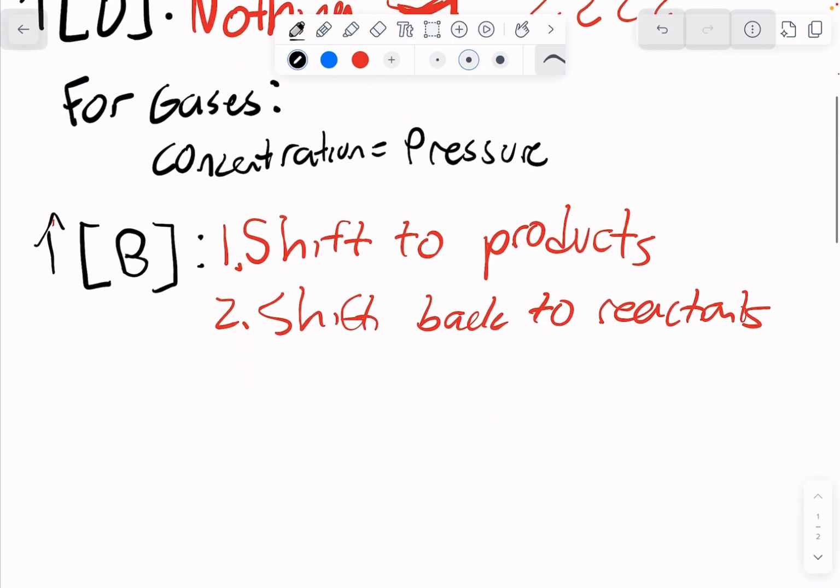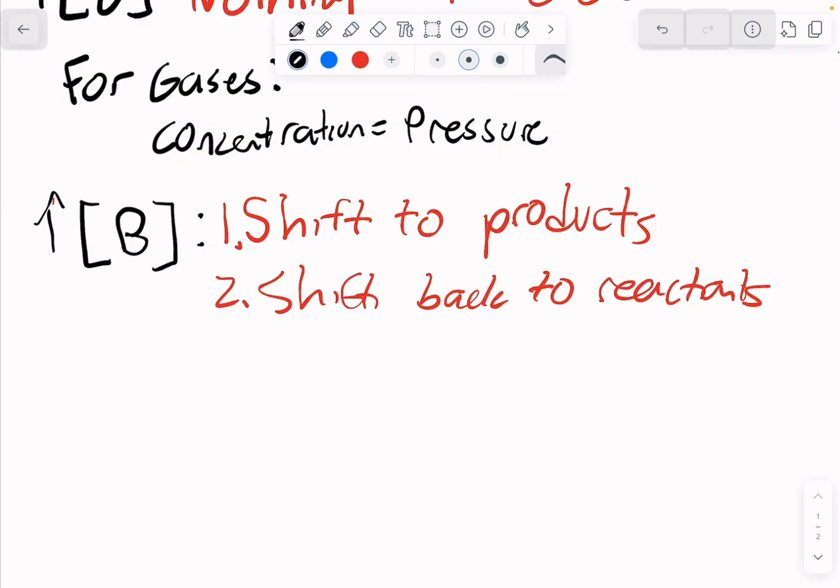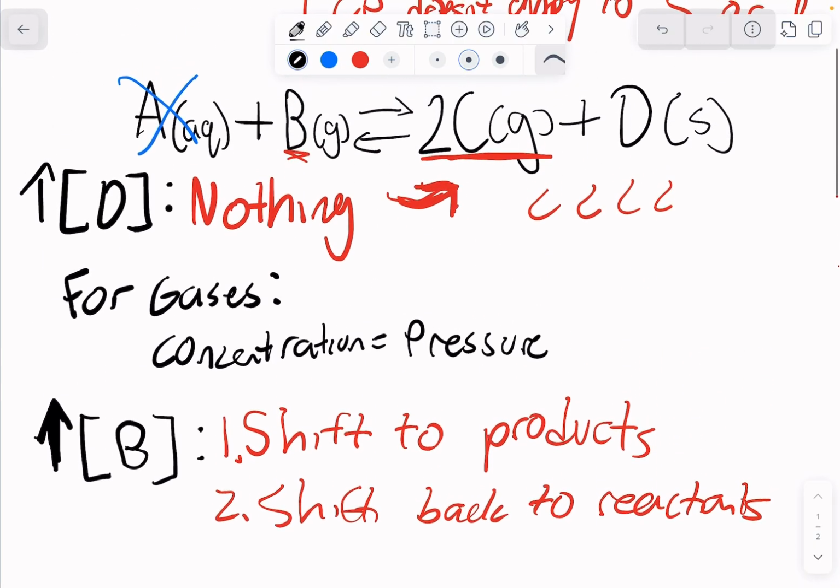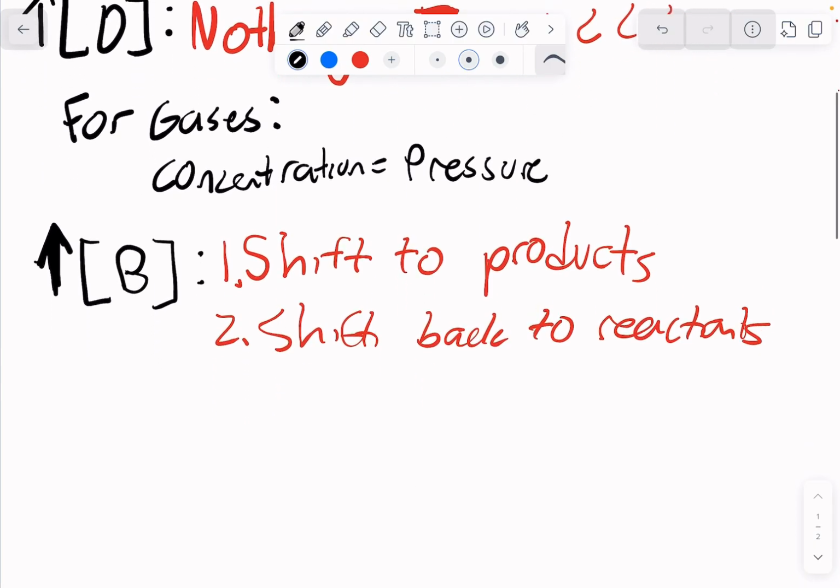So this comes to this idea. Many times when we're referring to pressure and Le Chatelier's principle, we often just say the pressure of the system as a whole. It's because the idea that comes from this is the exact same as this, but it's less steps.